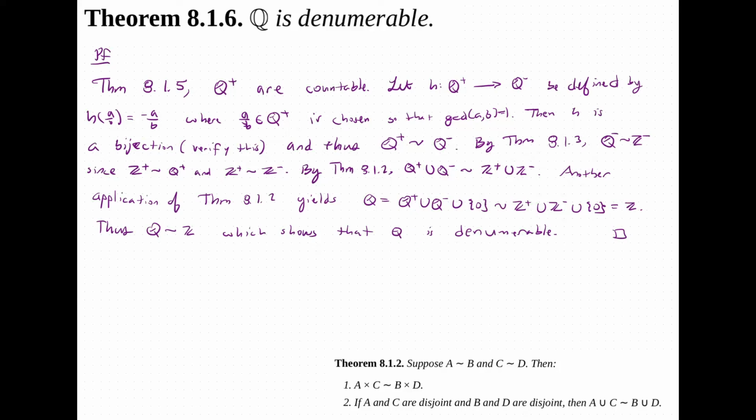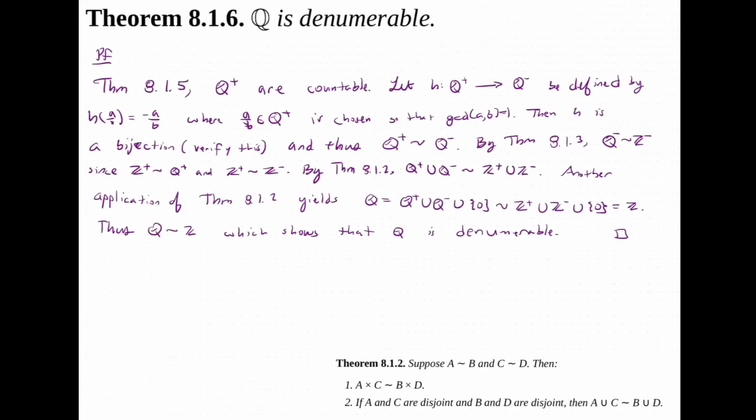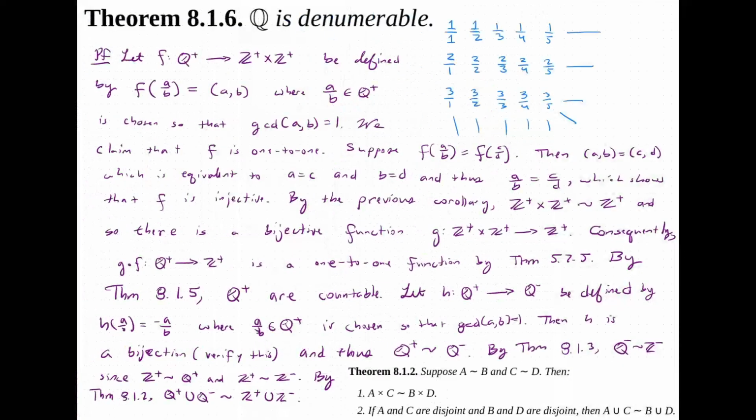And so that's just the idea to keep in mind: yes, to prove that two sets are equinumerous, we need to show a bijection. But if you know what one set is equinumerous to already, can you use those bijections that you get for free to then show that there is a bijection to the set that you want? And that's essentially what we have done in this case with Q. We did construct a function, and a function that we had a good grasp of, namely the function f.